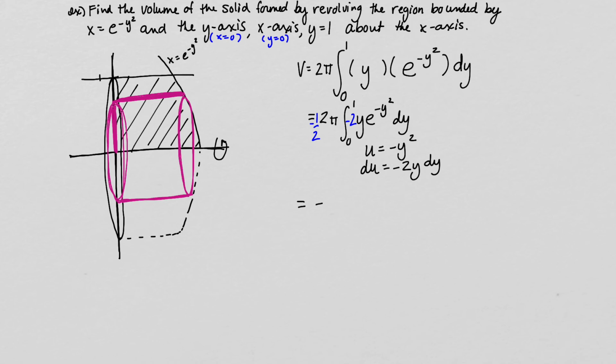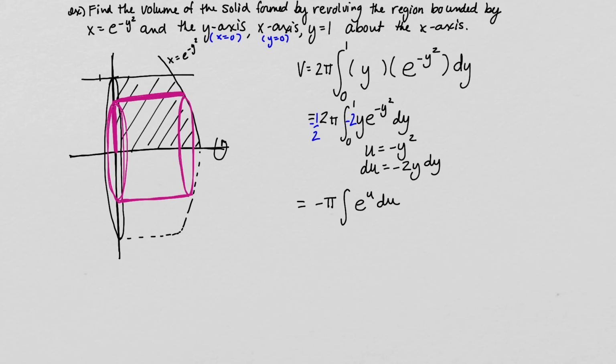So I've right now got minus pi times the integral of e to the u du. And then you can either change your limits of integration or not change them. I'll change them. So we had y equals 0.